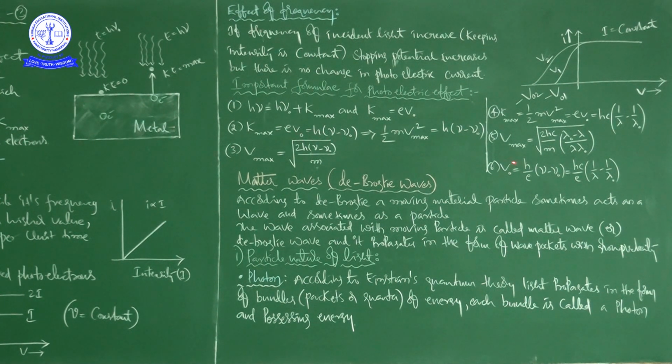That is equal to hc by e into 1 by lambda minus 1 by lambda naught. Okay, that's what I want to say.